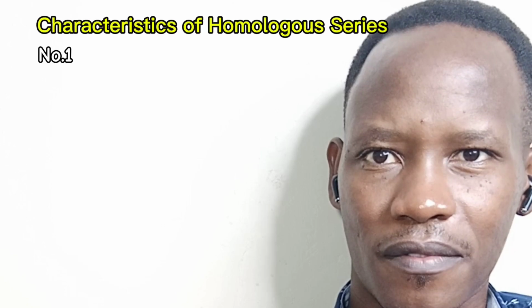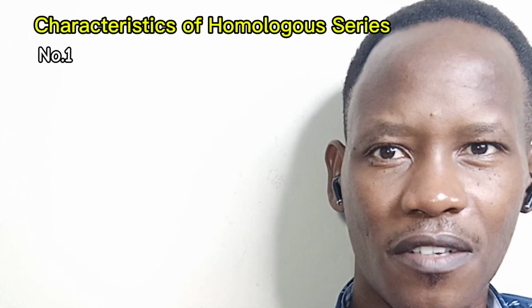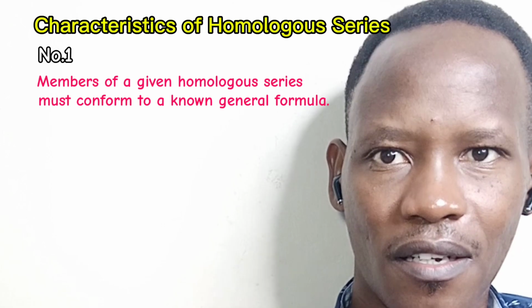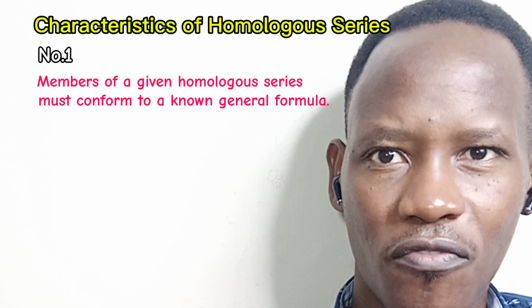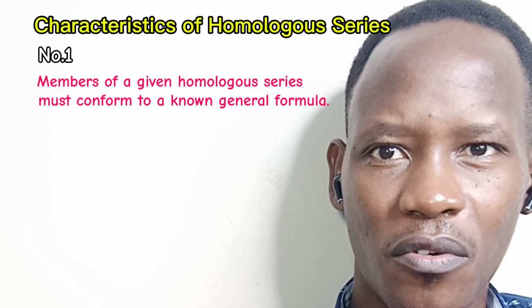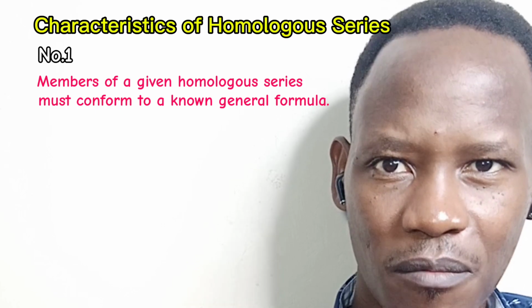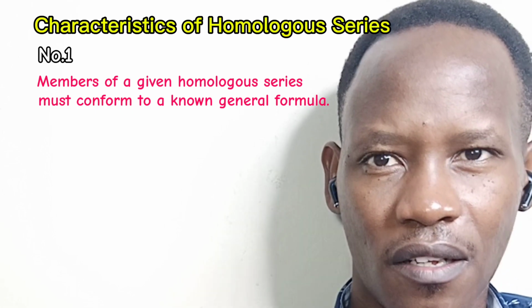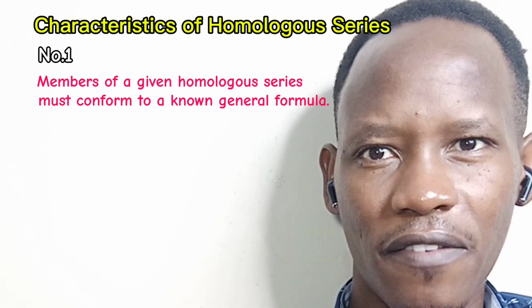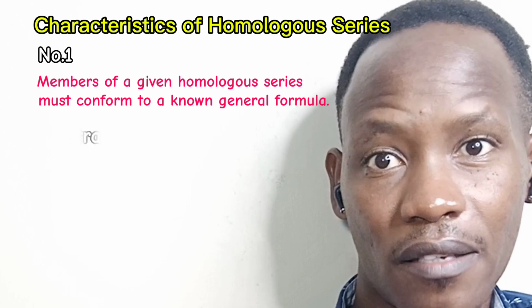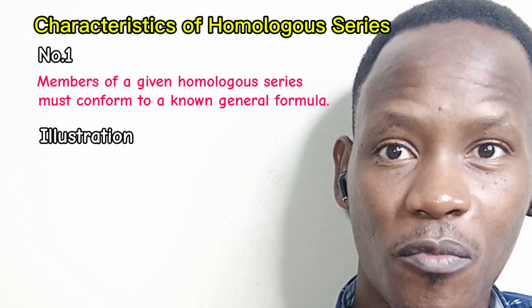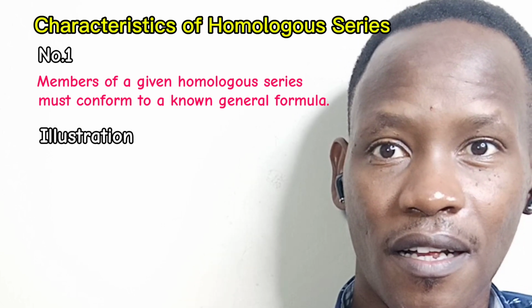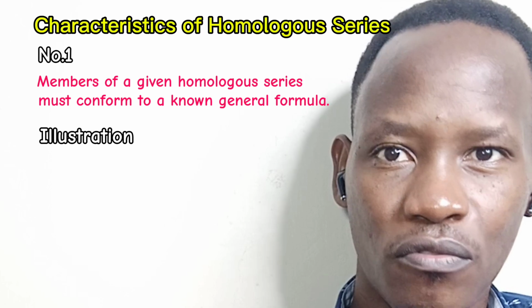Characteristic number 1 is that members of a given homologous series must conform to a known similar general formula. Now, with reference to alkanes, the general formulas for alkanes as a homologous series are 2.